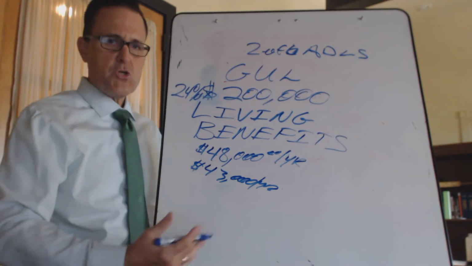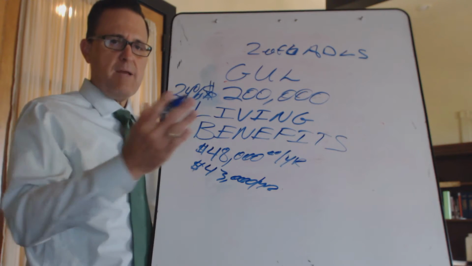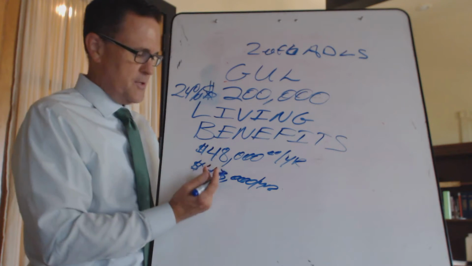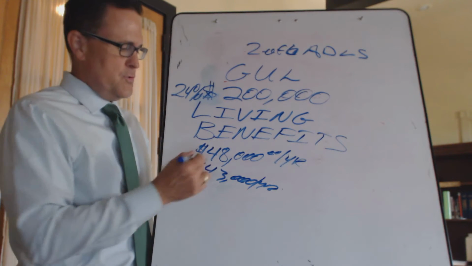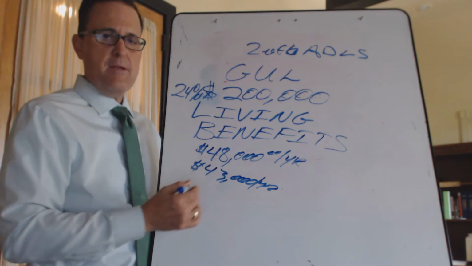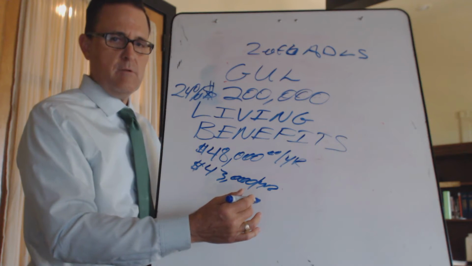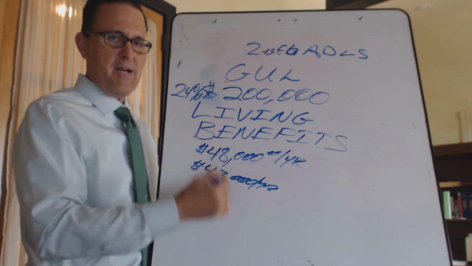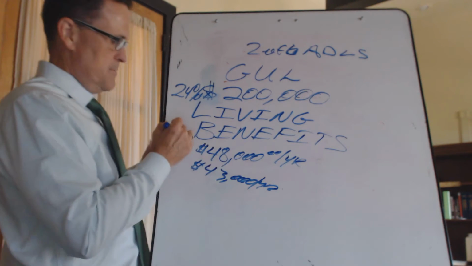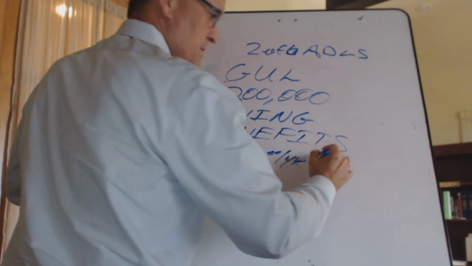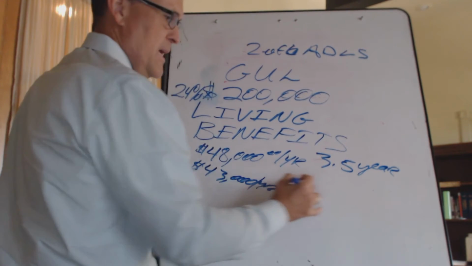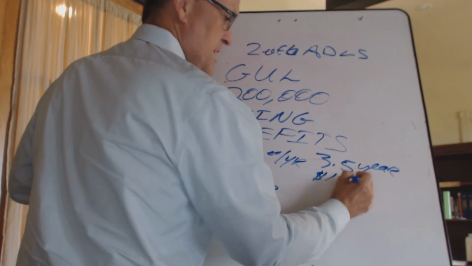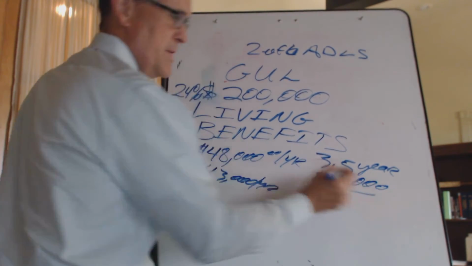So on the anniversary date of your policy, it goes right back to zero, and you can go right back up to $48,000 a year. Now, if you used the benefit every day until you maxed it out every year consecutively, then it would last for 3.5 years, this benefit. And you would have $15,000 left over in death benefit.